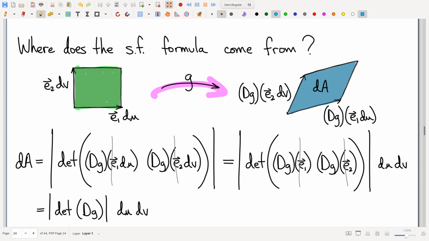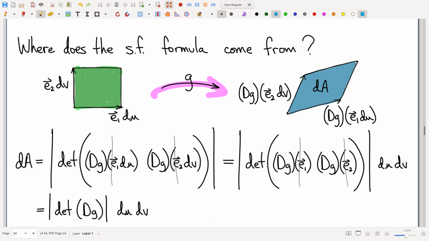How much do I have to multiply this area by to get this area? What times green equals blue? Yeah, everybody with me? Okay, so what I'm going to do is compute the area of this parallelogram, and it's going to fall out from there.